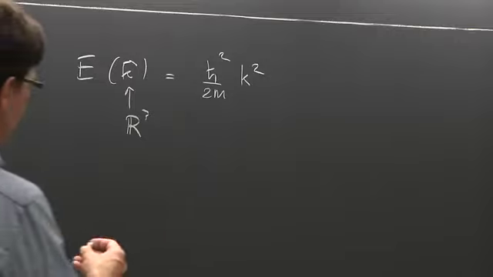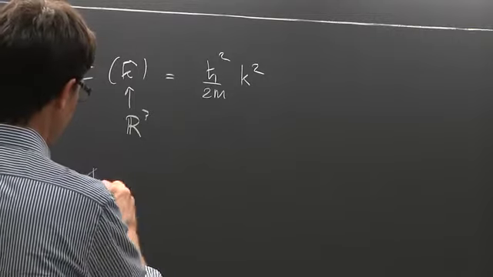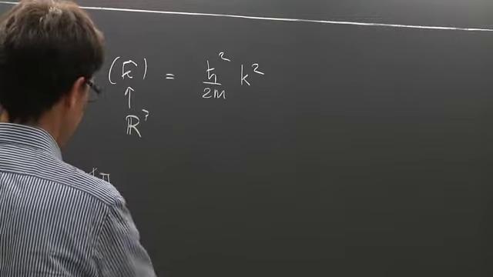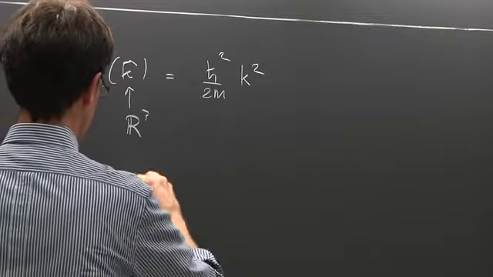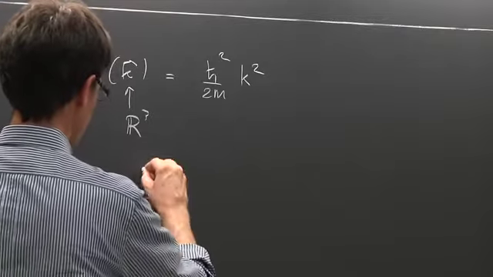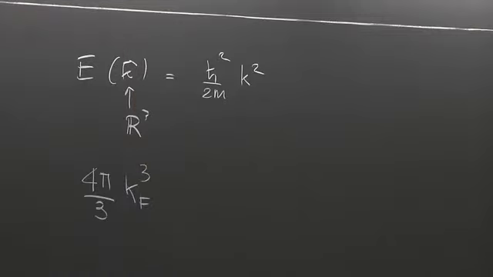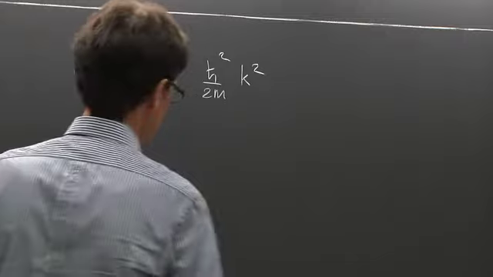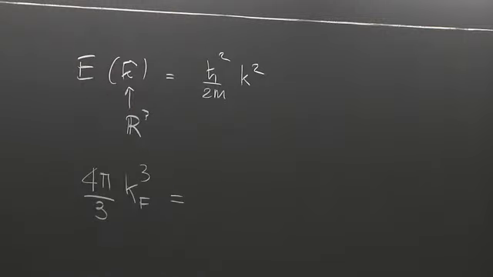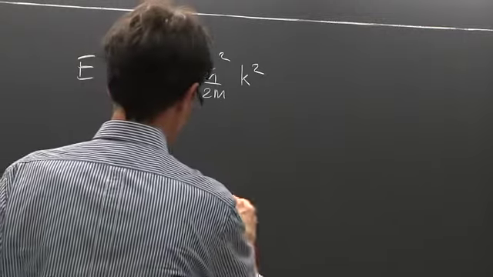So we only have to impose that the volume of this sphere, which is 4/3 pi k_F cubed, where k_F is the maximum vector, the vector corresponding to the last occupied state, be equal to 1/2 the size of the Brillouin zone.